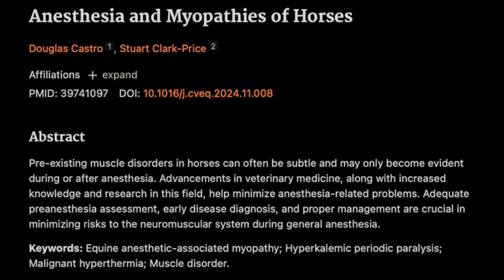So when we're talking about anesthesia in horses with pre-existing muscle disorders, it's all about that individualized approach, careful planning, and really understanding how complex these cases can be. I couldn't agree more. Okay, so we've covered a lot of ground in this section, looking at those specific challenges with PSSM, EMND, atypical myopathy, and other underlying muscle disorders. Right.